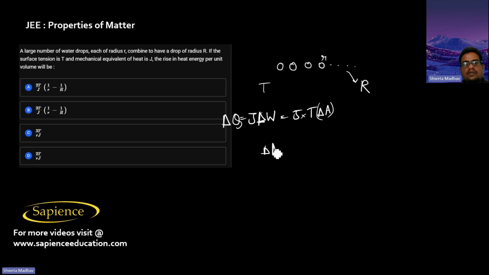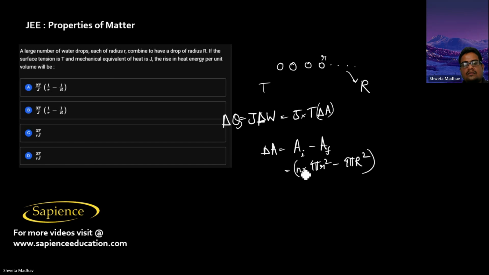The change in the surface area will be the initial area minus the final area. The initial area is N into 4 pi r square, minus 4 pi capital R square.